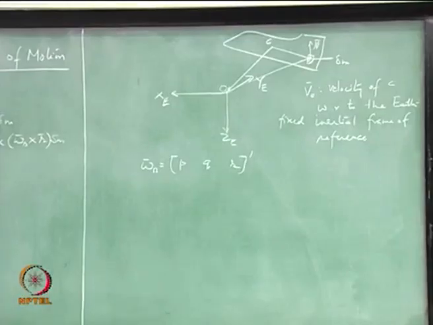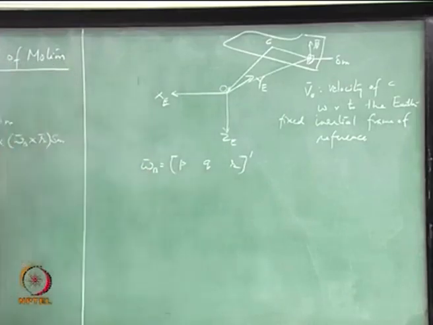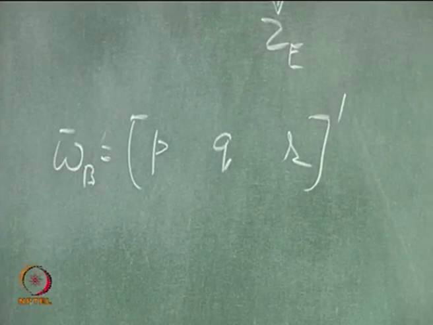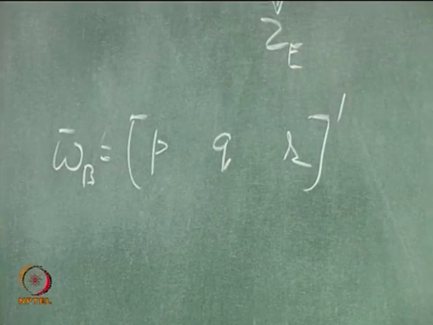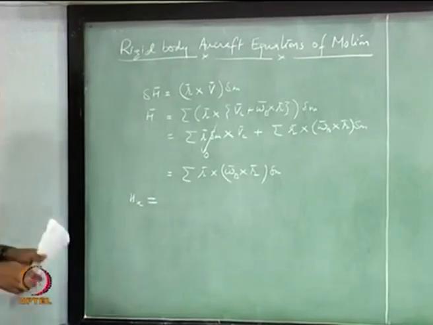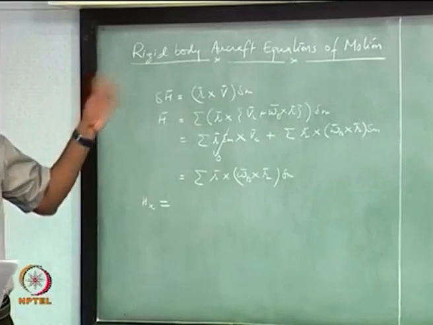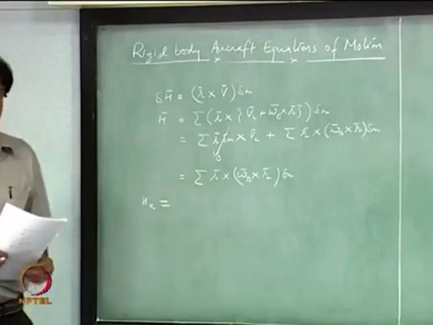P is the roll rate, Q is pitch rate, R is yaw rate, and later on we expanded this. So, we found the component of this angular momentum vector about aircraft body fixed x, y and z axis.